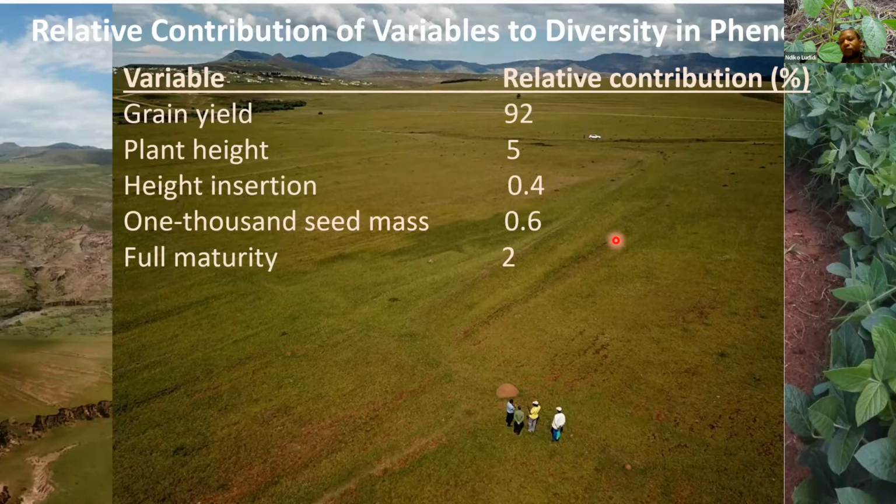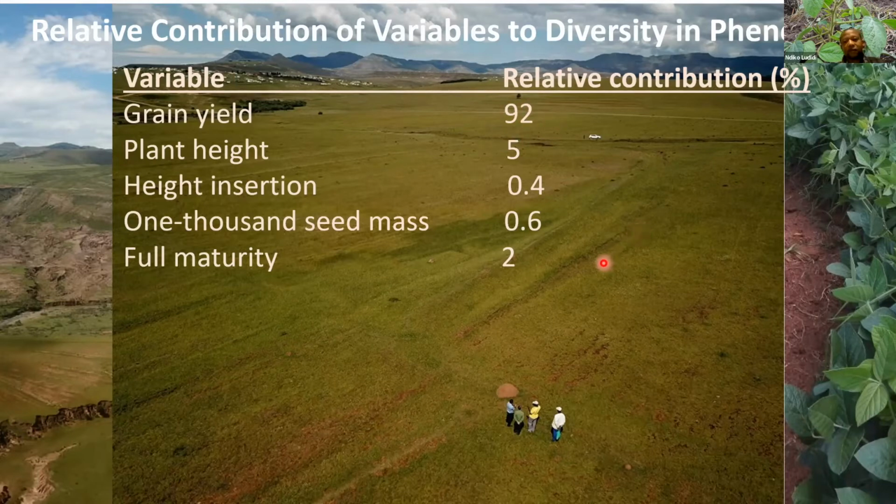If a farmer is looking at what genotype or what accession of variety they would want to adopt for cultivation in these two sites, one of the things that we saw was instrumental in determining final yield was the number of pods per plant, which was closely related to grain yield.